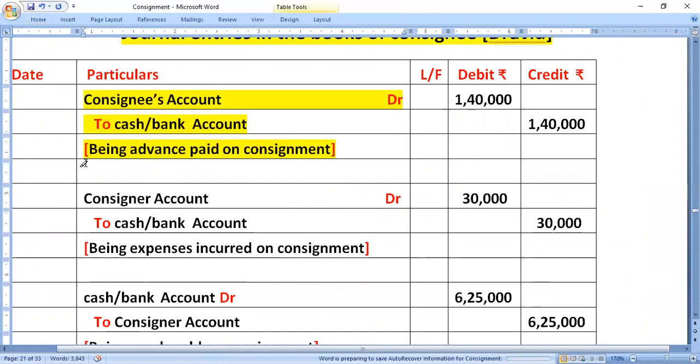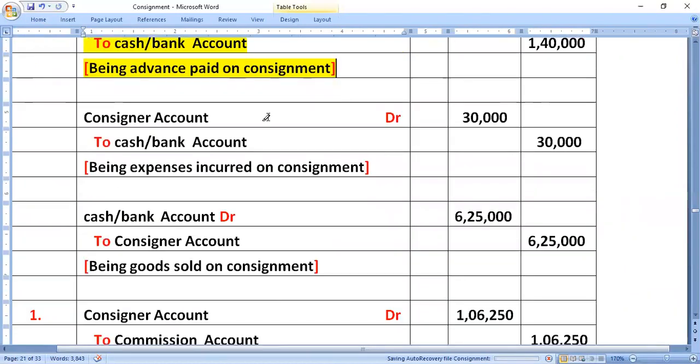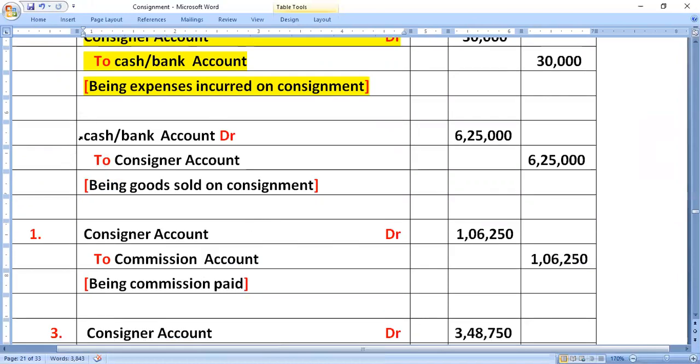First entry for advance. Second entry, consignor account debit, my dears, to cash bank account being expenses incurred on consignment, that is 30,000, my dears. 30,000 expenditure incurred by the consignee. Then cash bank account debit to consignor account being goods sold on consignment.